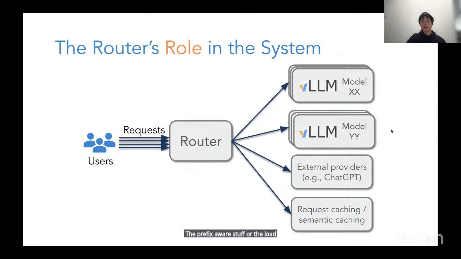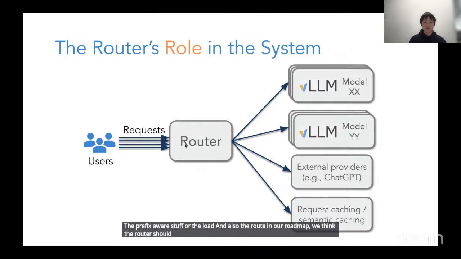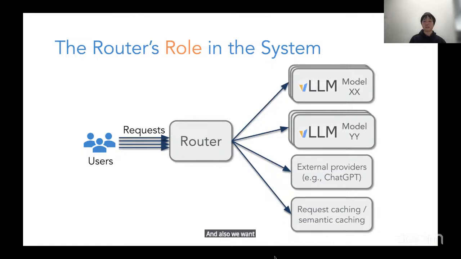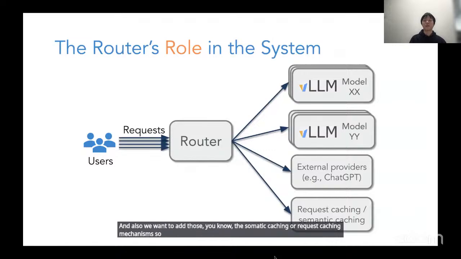Also, in our roadmap, we think the router should be able to route the request to external providers. For example, if it's going to route the request to ChatGPT or Claude, those different external providers, the router should also be able to achieve this. And we also want to add semantic caching or request caching mechanisms to support different kinds of optimizations.